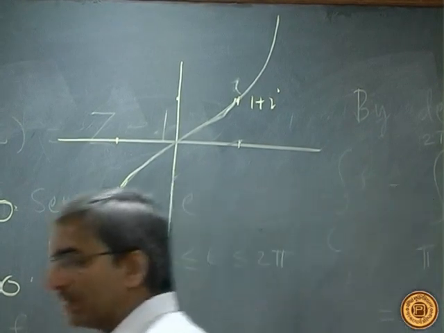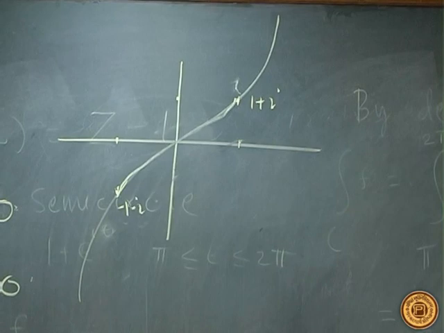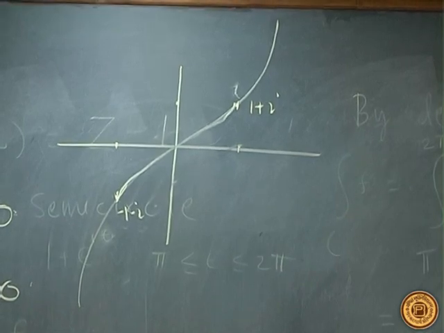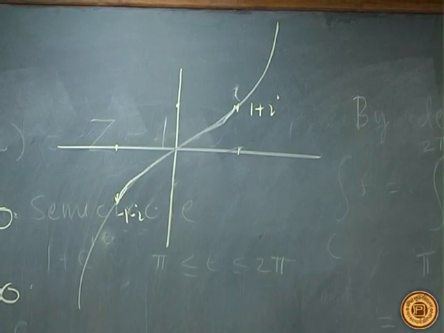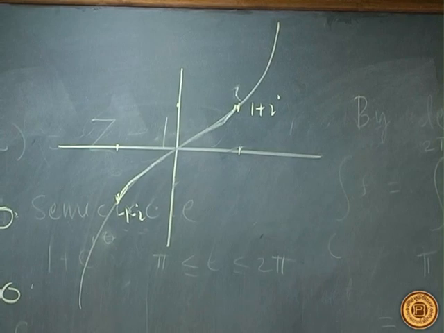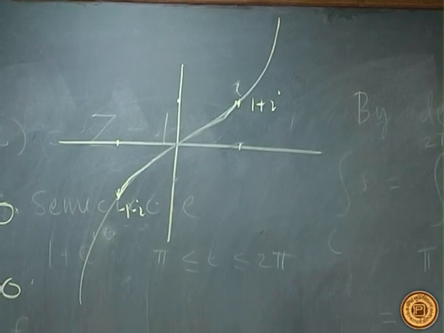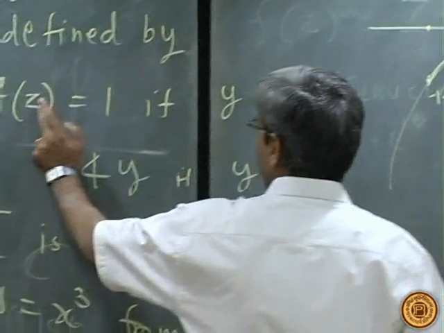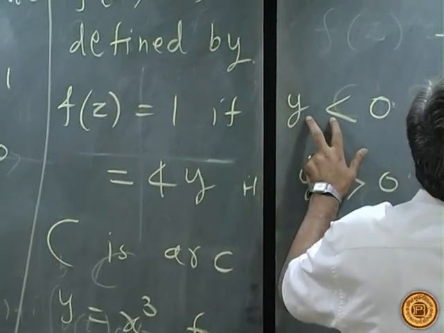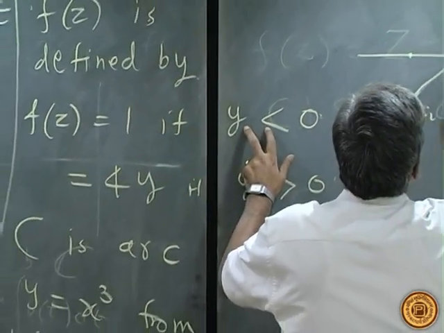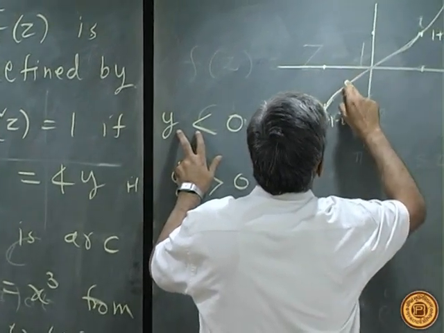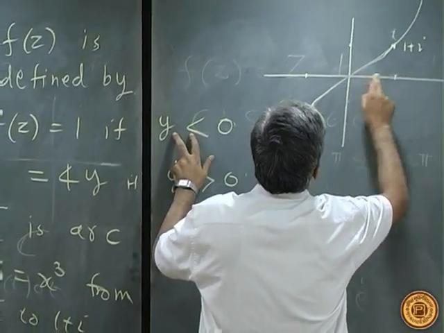Now the value of this function is given on the basis of y, that is, whether the y coordinate of z is positive. So here the y coordinate is positive, on this side.